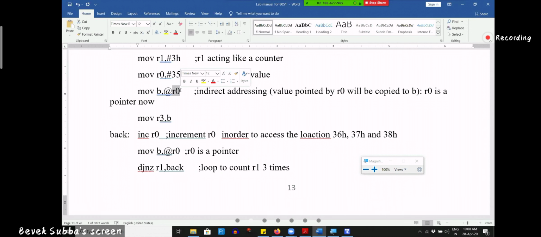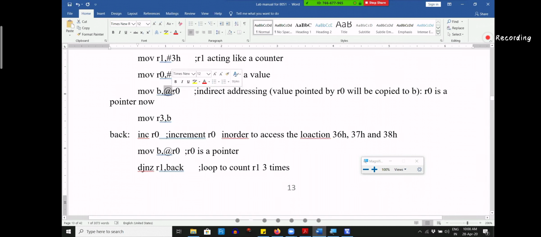R0 is not a pointer register, but we are making it one. If I write @, then you are making that particular register a pointer. Are you getting it? But R0 is actually not a pointer register.